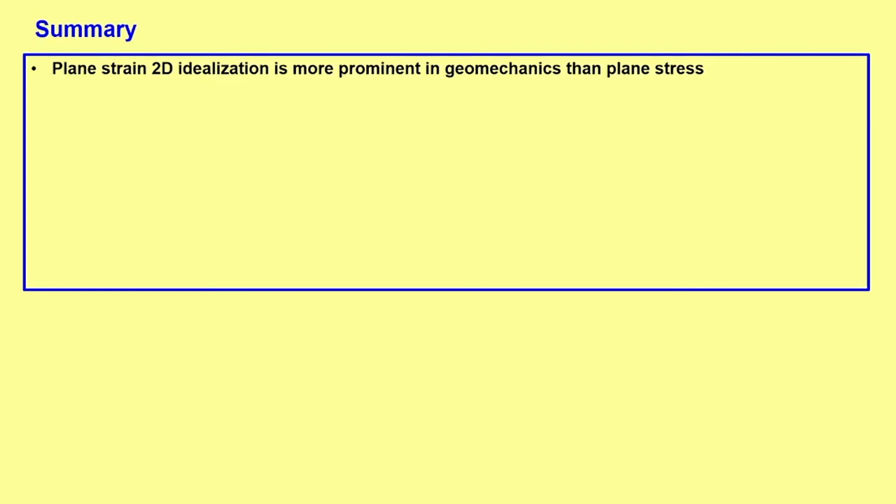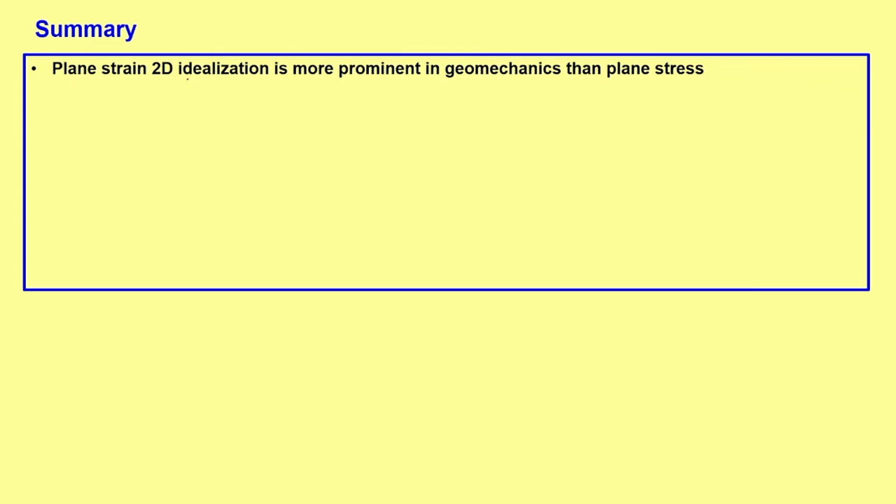Substituting the expressions for stresses sigma x and sigma y that we have seen in the previous slide, one can get epsilon z is equal to minus mu by (1 minus mu) times (epsilon x plus epsilon y). So, in this lecture we have done the mathematical formulation for plane stress and plane strain conditions.